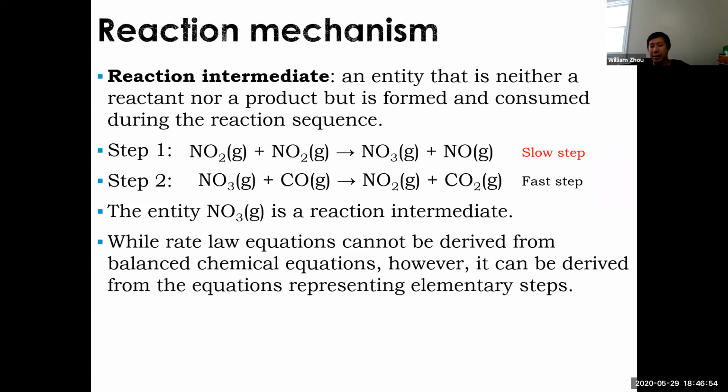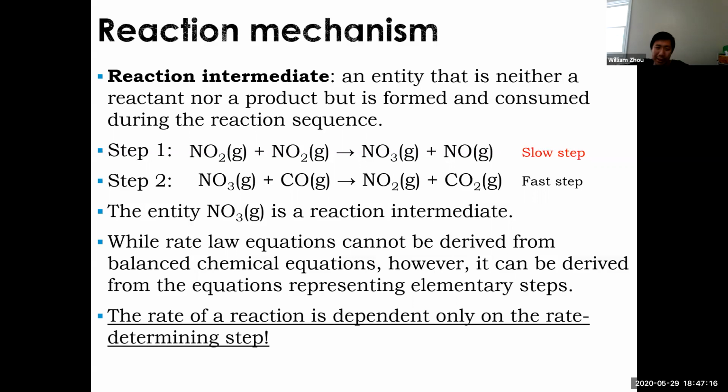Remember how I said that the rate law equation, R equals K, blah, blah, blah, cannot be derived from the balanced chemical equation. It has nothing to do with the balanced equation. But it can be derived from the elementary steps, specifically the rate determining step.